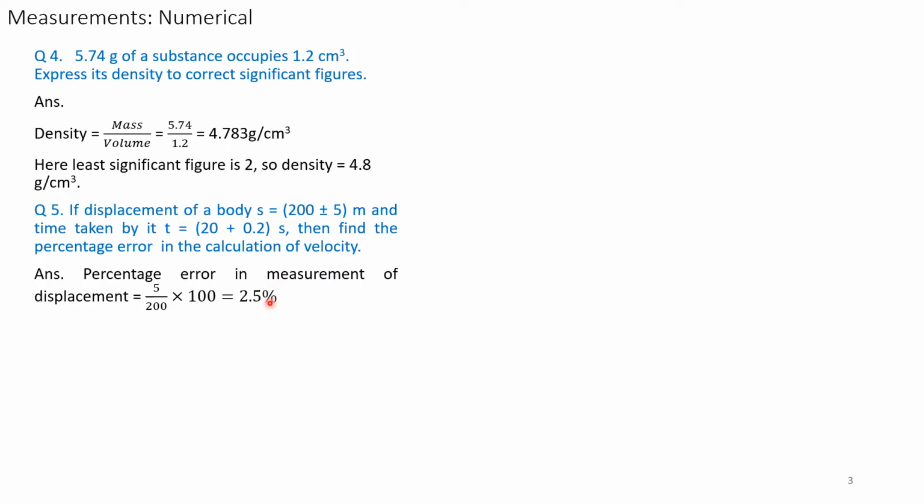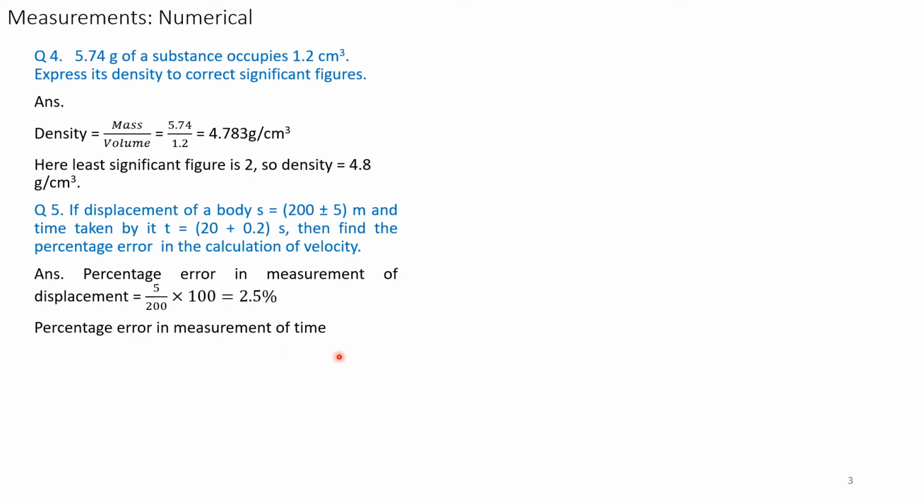Percentage error in measurement of displacement. Displacement is 200 plus or minus 5. Therefore, percentage error in displacement is given by delta S over S. That is, delta S is 5 divided by 200. 5 by 200 into 100 is equal to 2.5%.